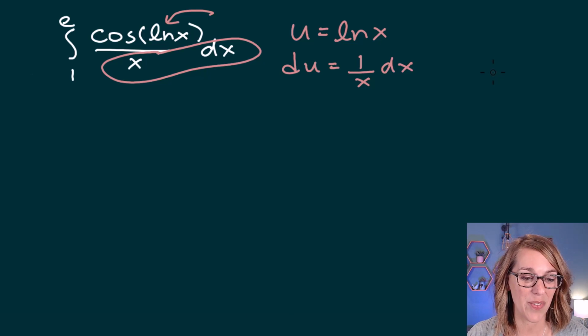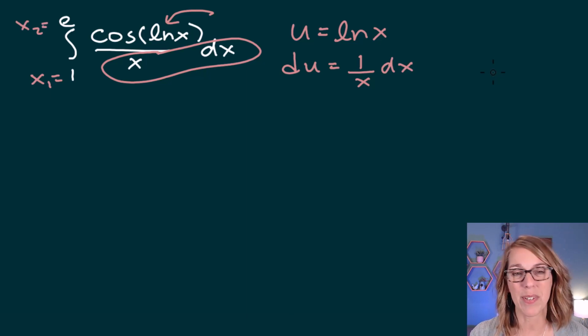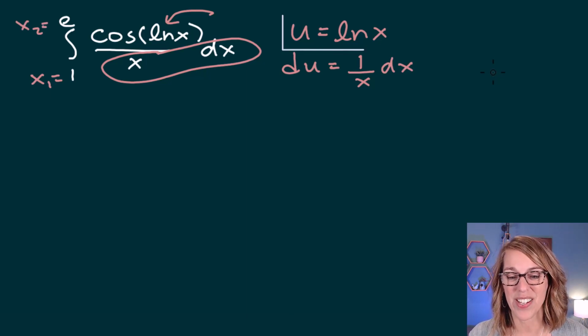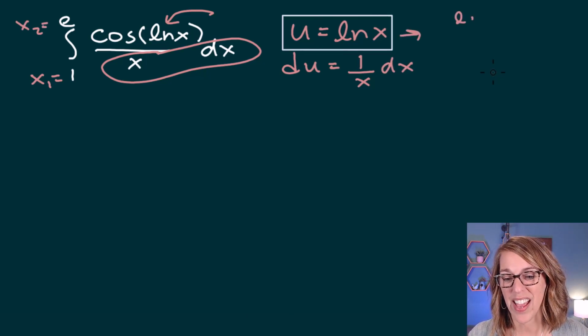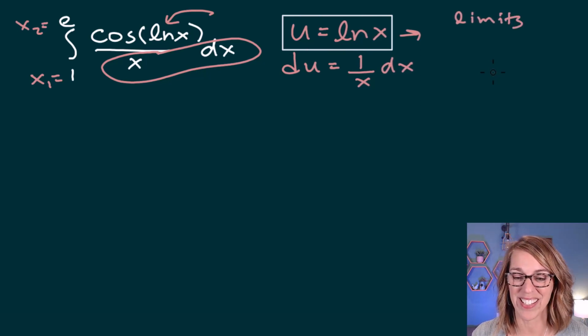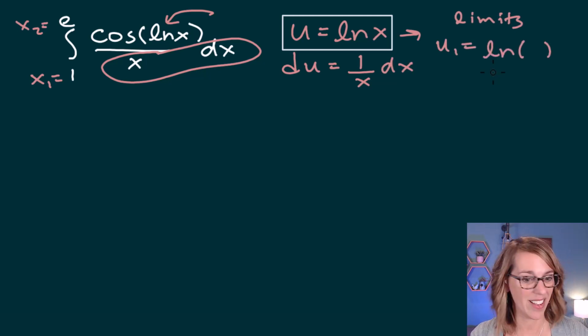my limits of integration. So my x lower limit right now is 1. My x upper limit right now is e. Let's go ahead and use this definition and find our limits. So u1 is the natural log of my original lower limit, which is the natural log of 1.